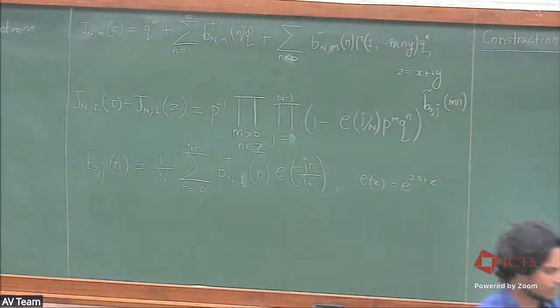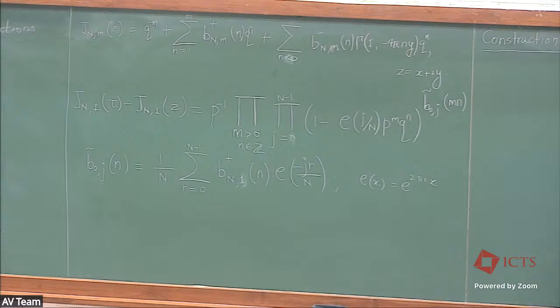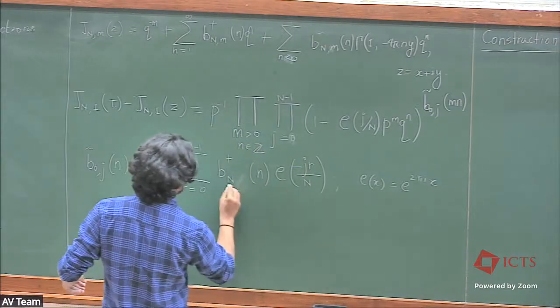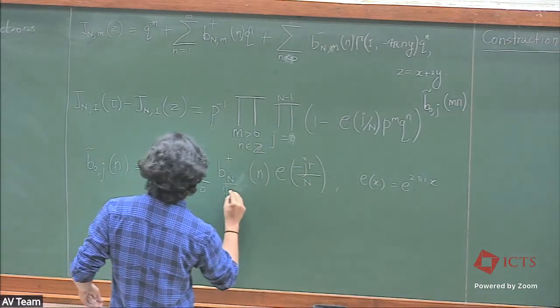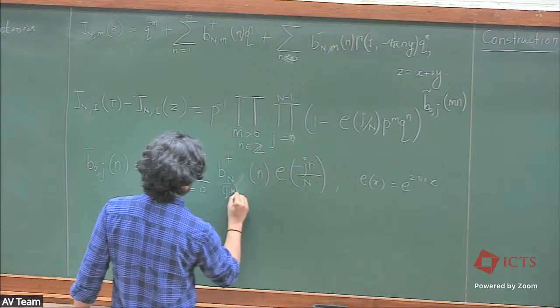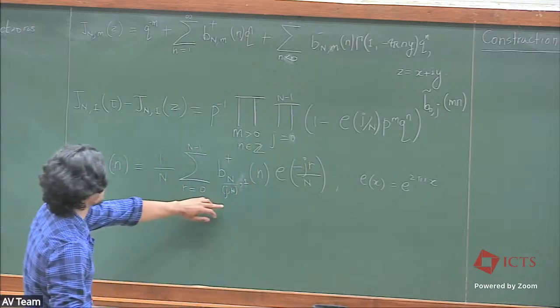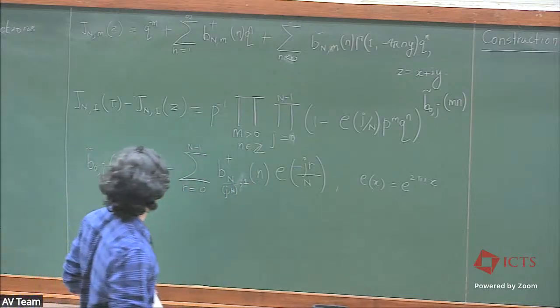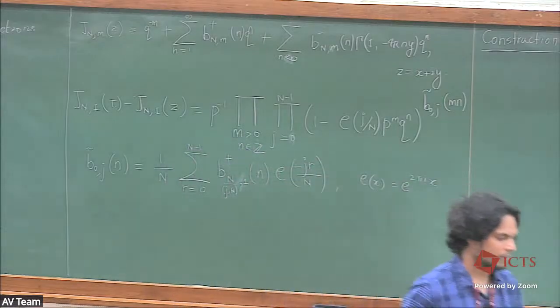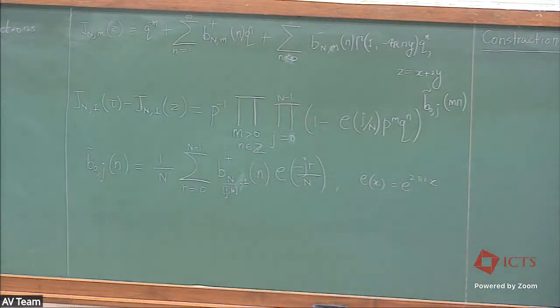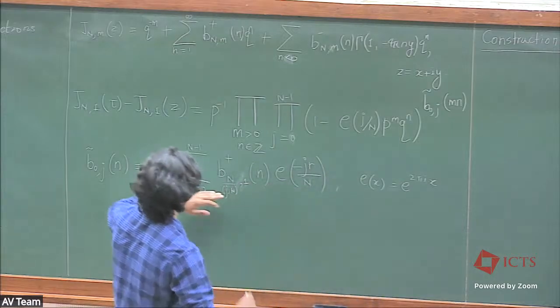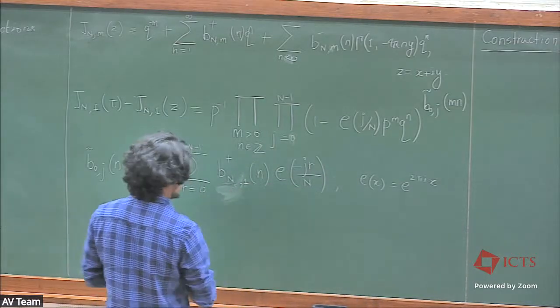Let me confirm if there is an r. Yes, sorry. So this is what we have. This J appears on the right hand side. Let me write this.